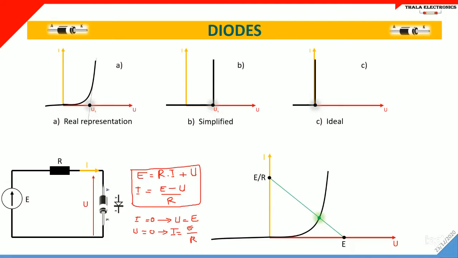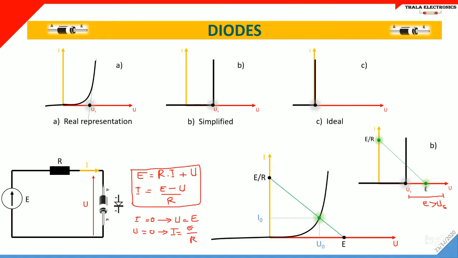The point of intersection is called the working point of the diode. What does this mean? Let's explain it using a simplified representation. When my DC source voltage E is upper than US, that means the current flows forward through the diode.